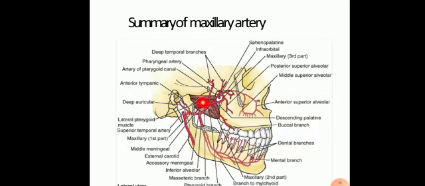The second part gives rise to the muscles of mastication. The third part gives rise to posterior superior alveolar artery, infraorbital artery, descending palatine artery, pharyngeal artery, artery of pterygoid canal, sphenopalatine artery.